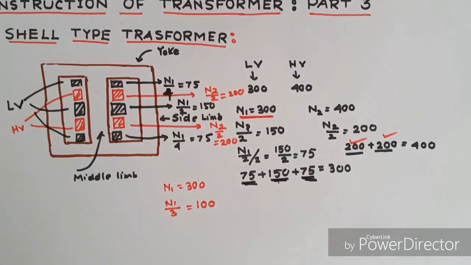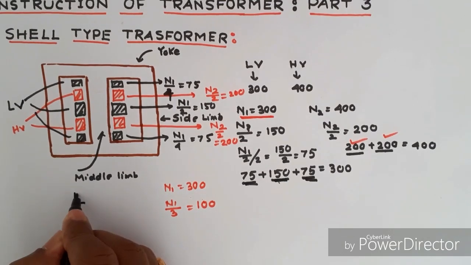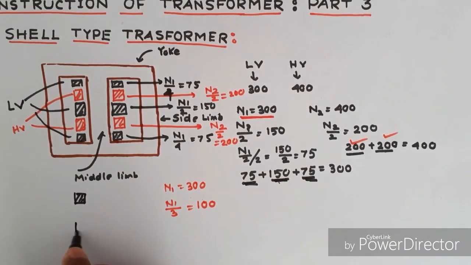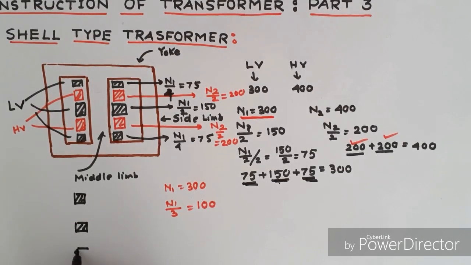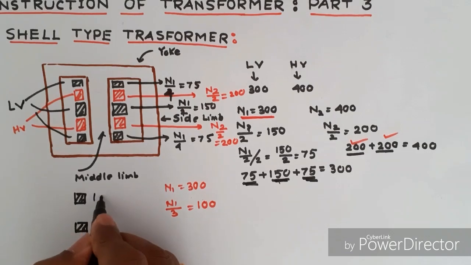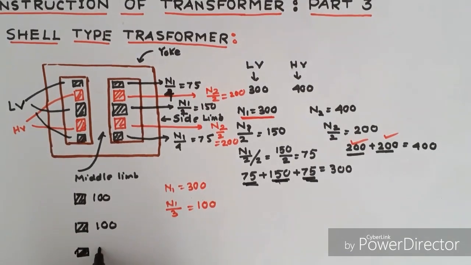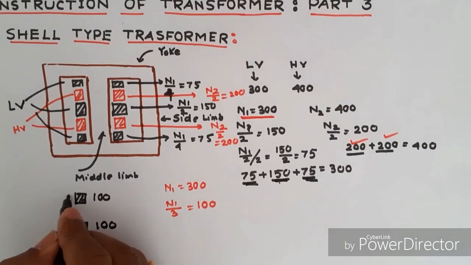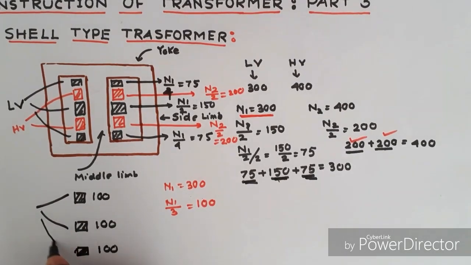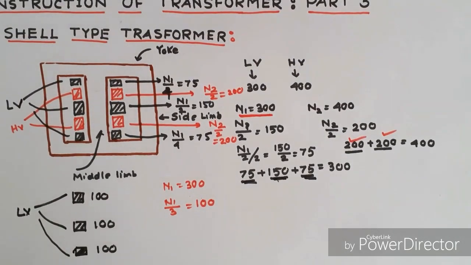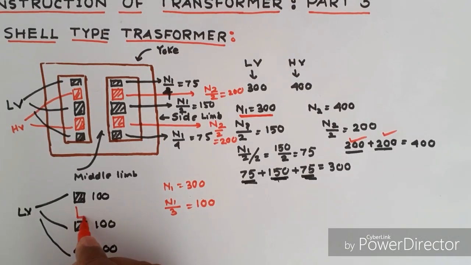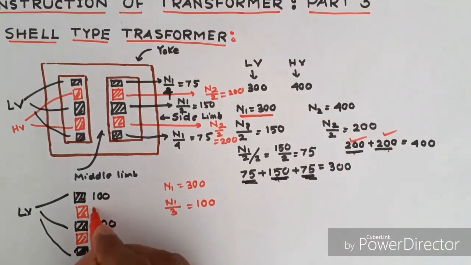If we place the LV winding like this, this is 100, then this is 100, 100, 100, 100. These all are LV winding, and in between there is high voltage HV 200 plus 200, 200 plus 200.